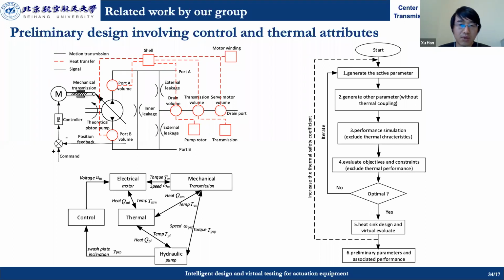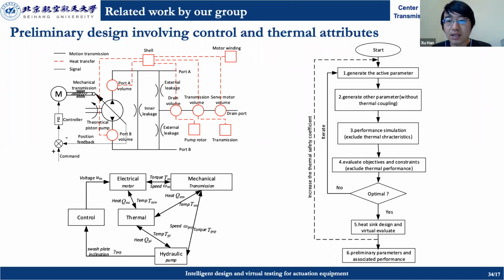But we developed this method. First, the models incorporate the thermal module and the control module. And the coupling structure is like the left bottom figure. We involve nearly all the disciplines in this model.